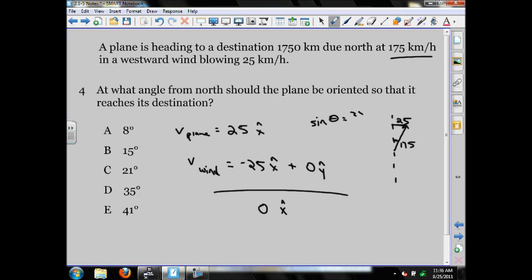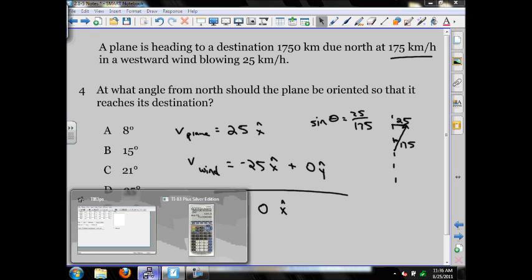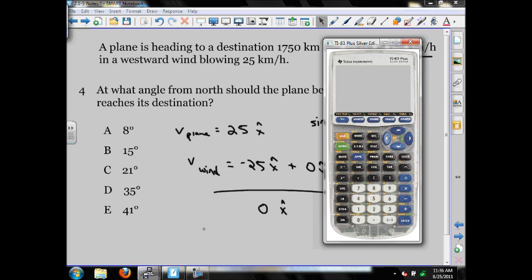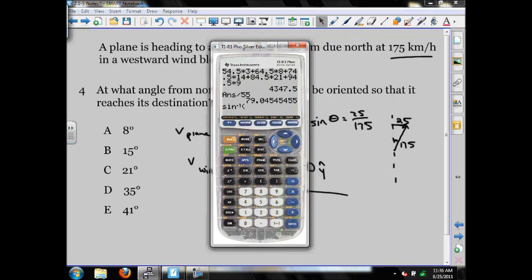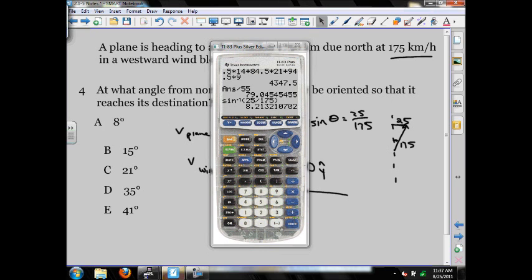Sine. Calculator should be inverse sine of 25 over 175. Yeah.